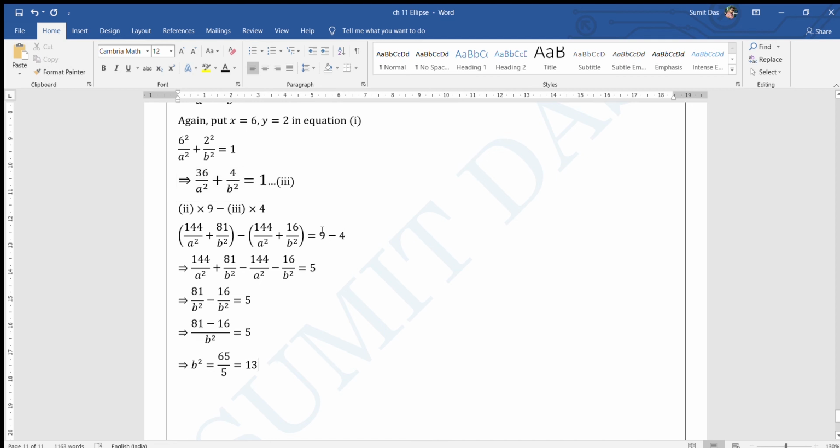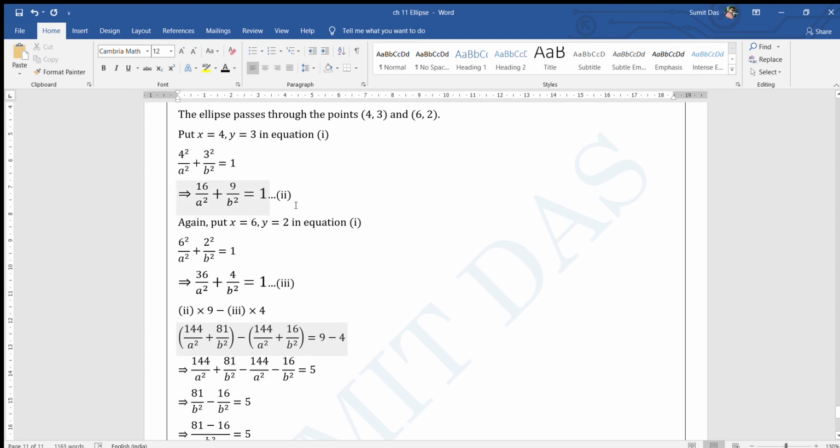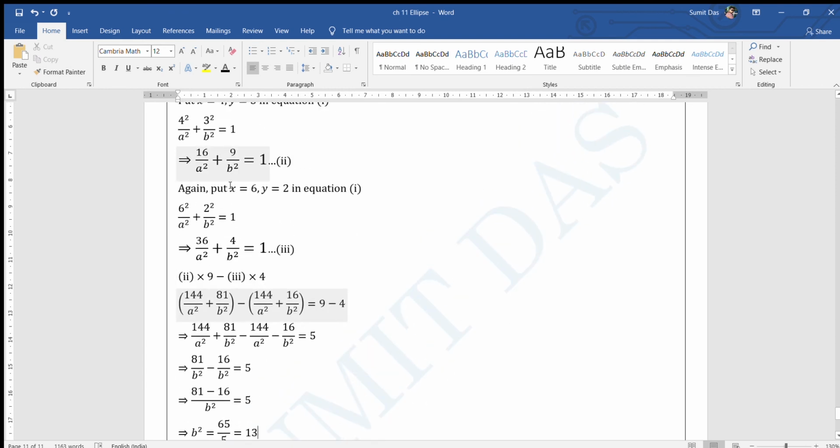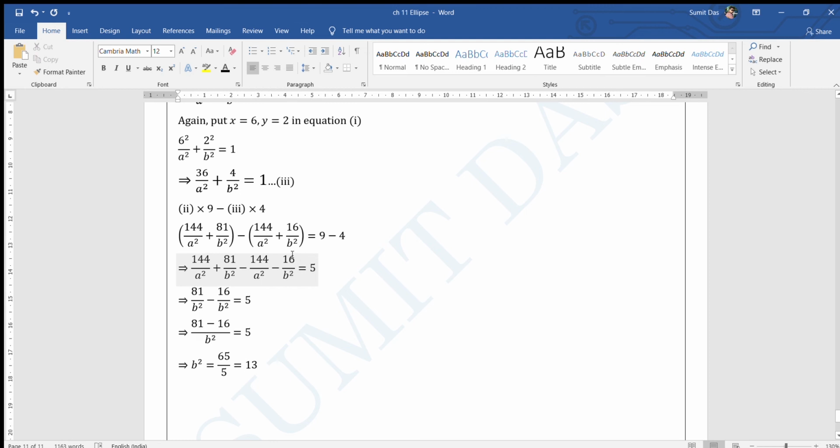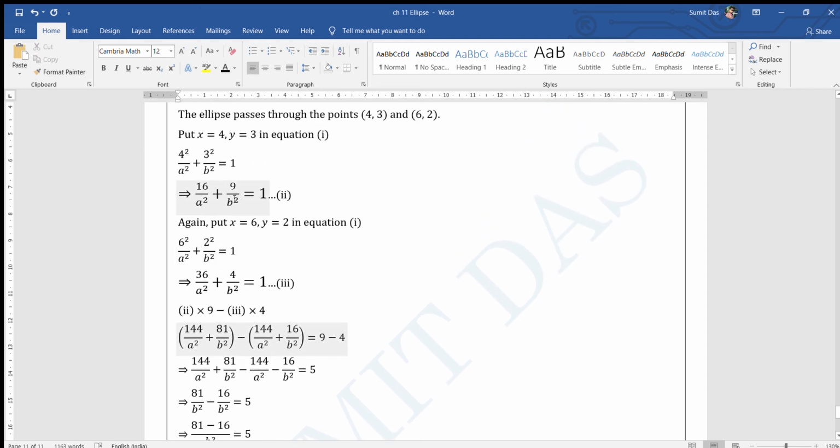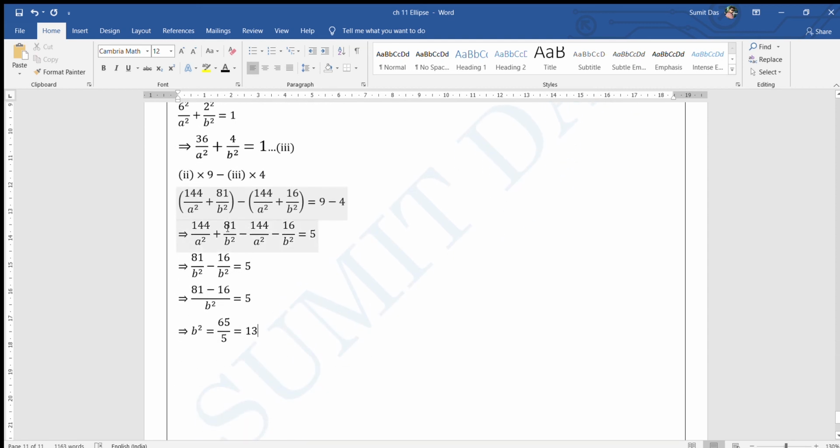If you keep it like this, maybe this calculation may be a little bit complicated, 10% complicated, but it will be 5, 6 steps less. If you keep the equation like this, is it clear? Now put the b square anywhere.